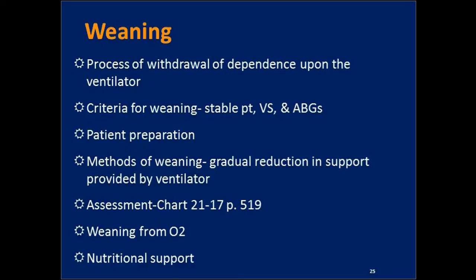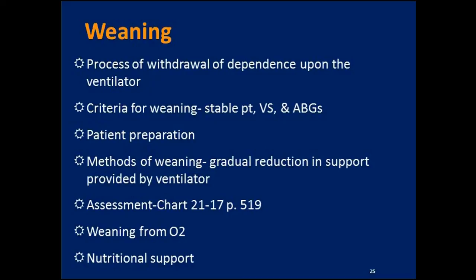So our criteria for weaning the patient is a stable patient, meaning they've got stable vital signs and stable, normal ABGs, okay? The patient is showing signs of improvement from whatever was going on with them. If it was infection, that infection is resolving. If it was respiratory failure, the ABGs have turned back normal. Our acidosis has resolved.